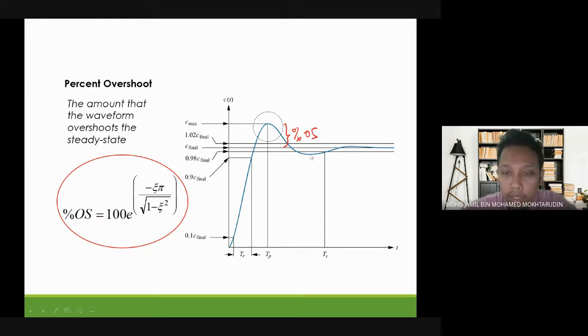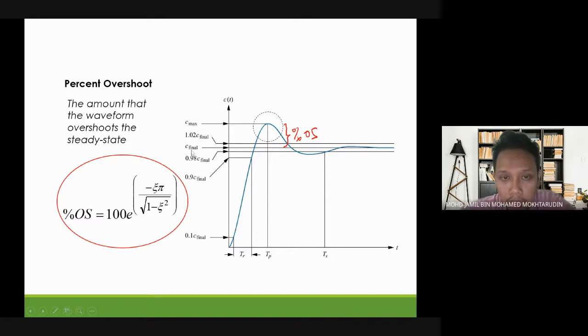Okay, so you find the percentage difference between this Cmax and C final from your graph. So it's the value of the system when it overshoots from its steady state value.